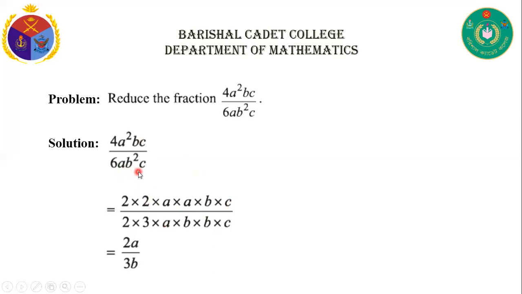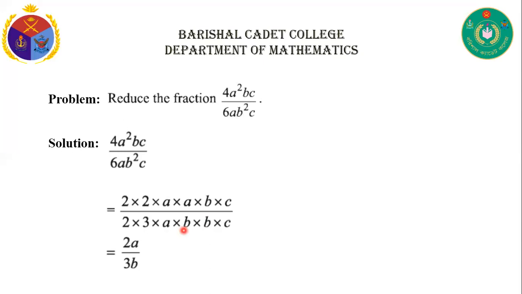And in the denominator, 6a means 2 into 3 into a, b square means b into b, c into c. So we have to eliminate the common factors in the numerator and denominator.